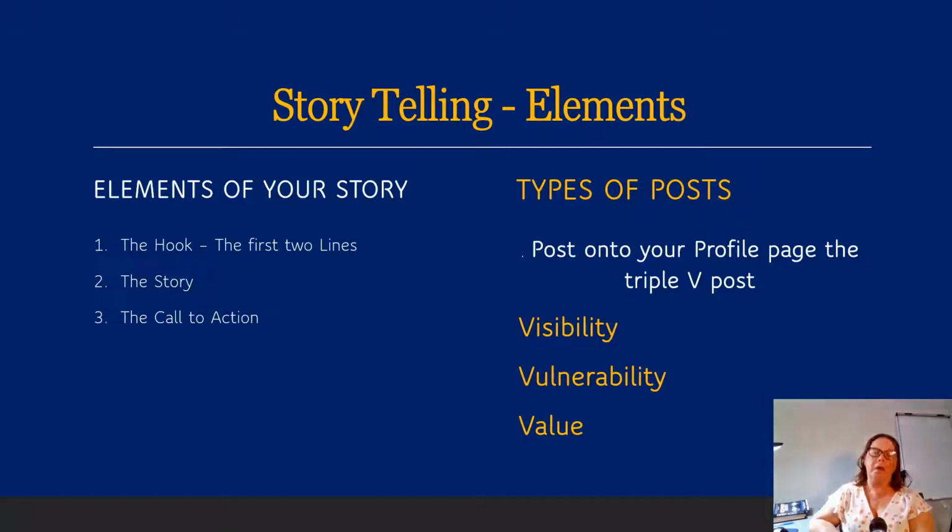So I will obviously take you through the walkthrough. I'll take you through some examples of myself talking about that, because it's a lot easier to show with examples than explain it. But those are three things that we're always looking at. It's our triple V all the time: visibility, vulnerability, and value.